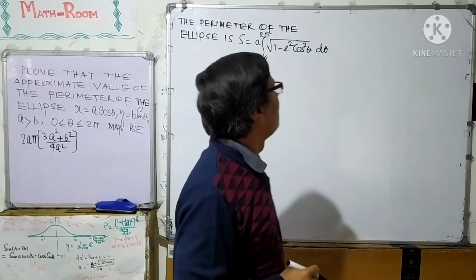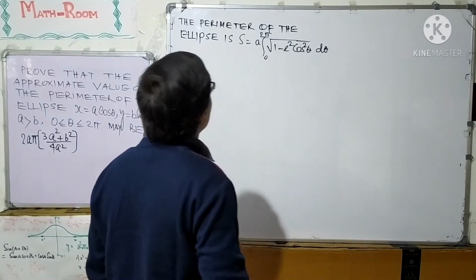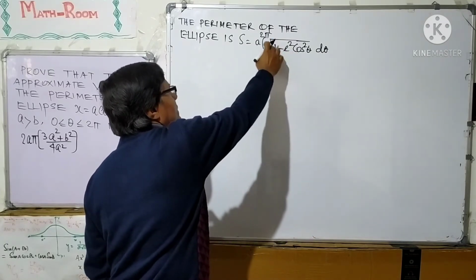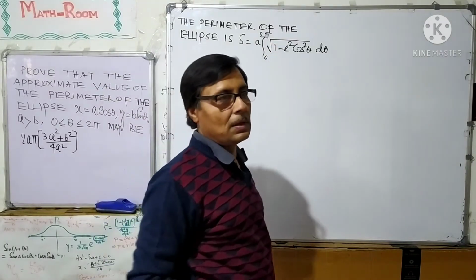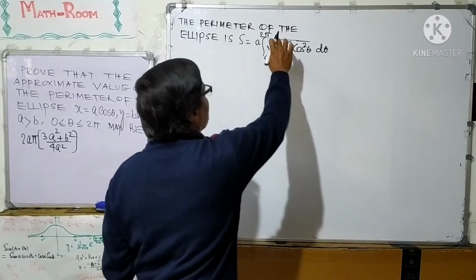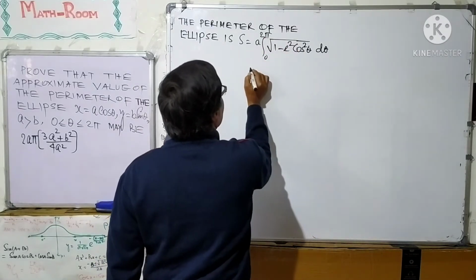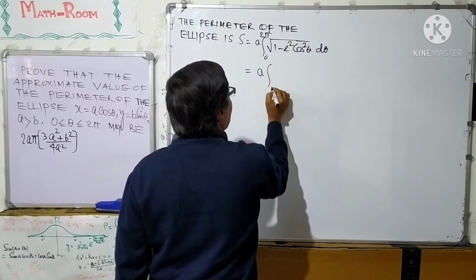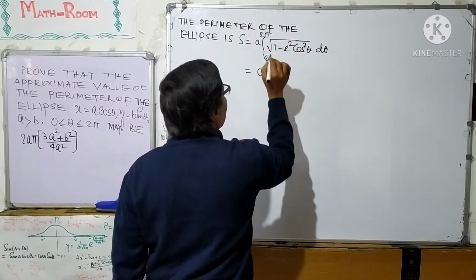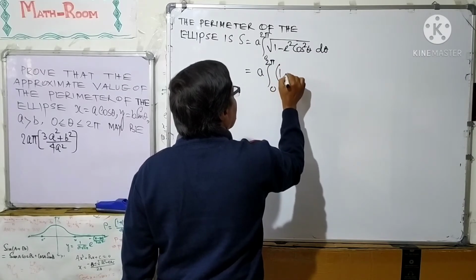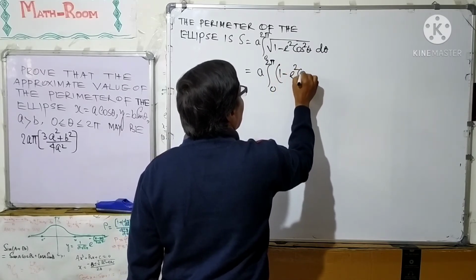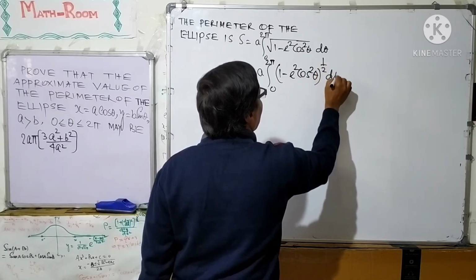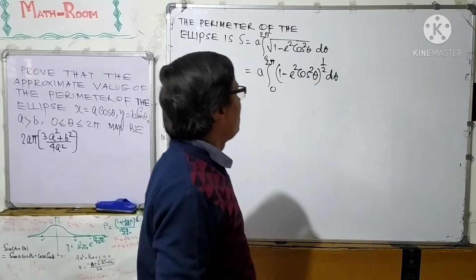To calculate the approximate value of this integral, we take the series expansion of this integrand. This is the integral from 0 to 2 pi, and it can be written using the binomial theorem.